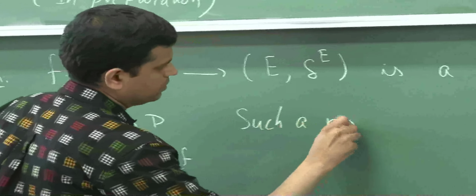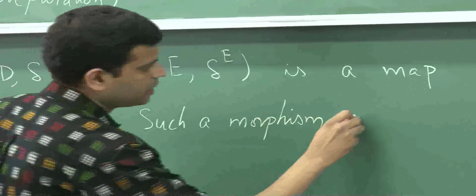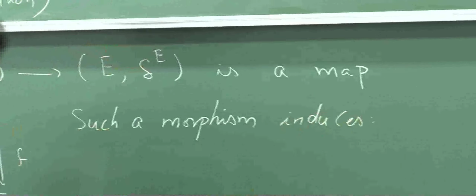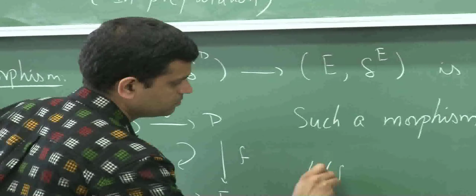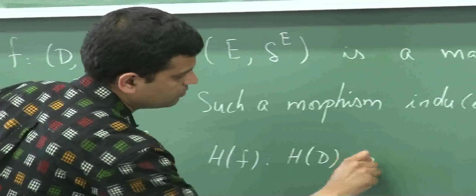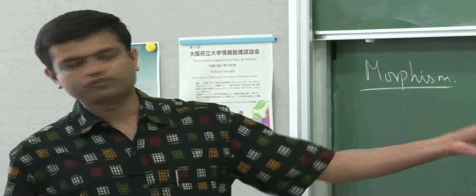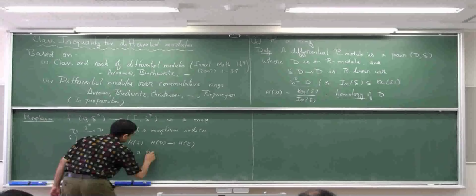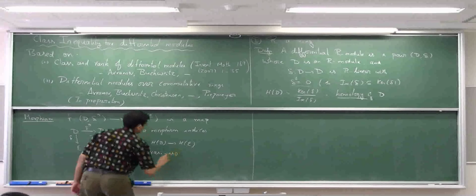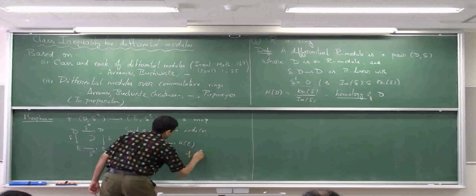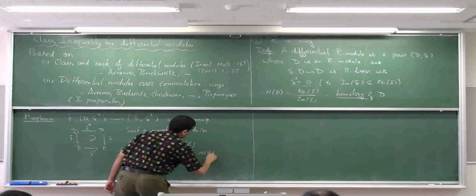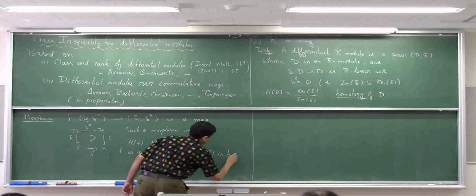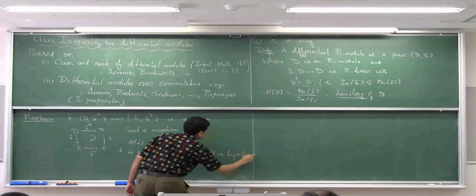And such a map again induces a map on homology, and as usual I'll call f a quasi-isomorphism if this is an isomorphism, that is, if the induced map on homology is bijective.